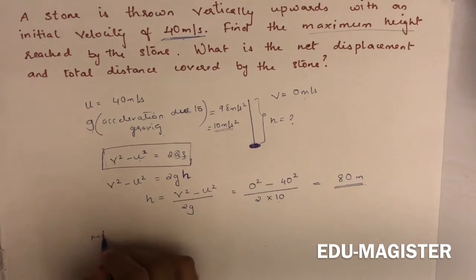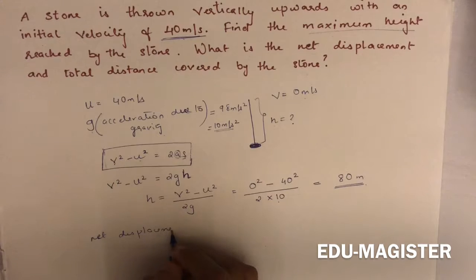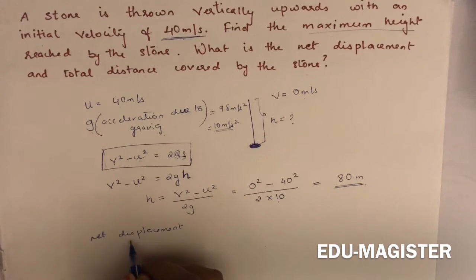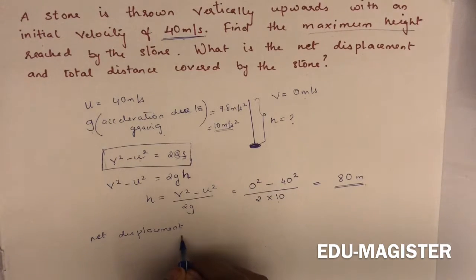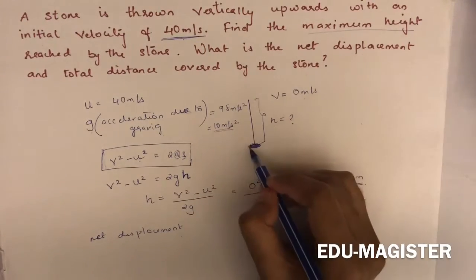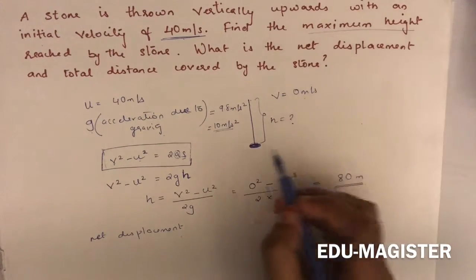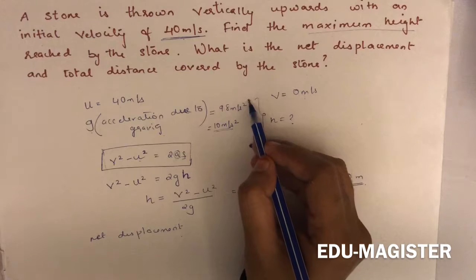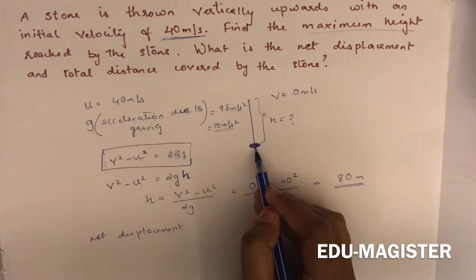So what is the net displacement? We know for finding displacement we are bothered about only 2 points, that is the final and initial points. If we know the final and initial points, we can find displacement easily, right? So when the stone is thrown up, it will come back to the same position, right?